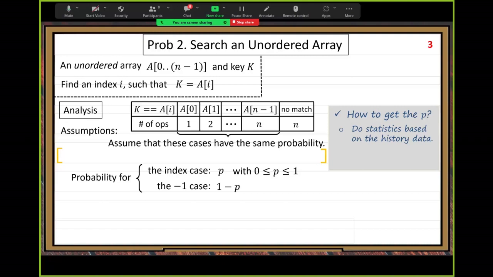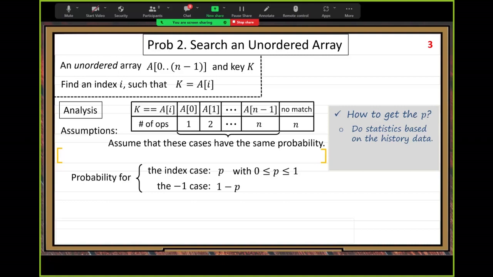But there is another possibility, because you may not have suitable history data sometimes. Then you just apply the linear search on a given array in the real world situation directly.